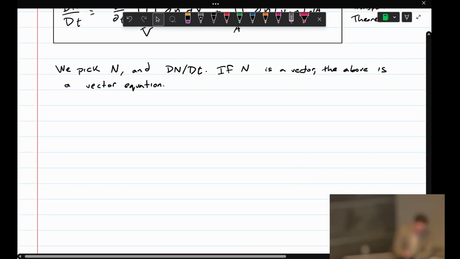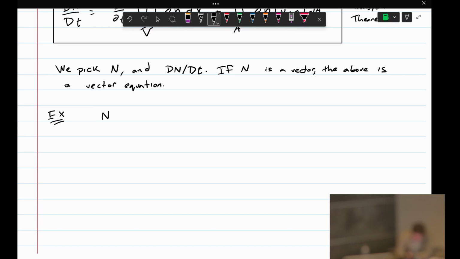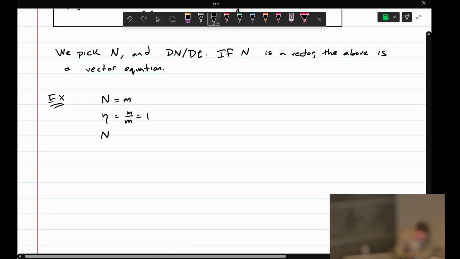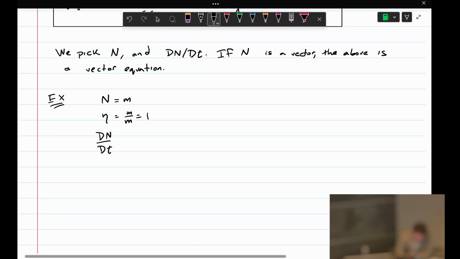Okay, so we're going to do conservation of mass. In conservation of mass, we're conserving mass, so we say N is equal to m. That means eta equals mass per unit mass, which is always 1. We also know, as I mentioned during the derivation, that the time rate of change of mass following a control mass should be 0. So we can't change the mass.